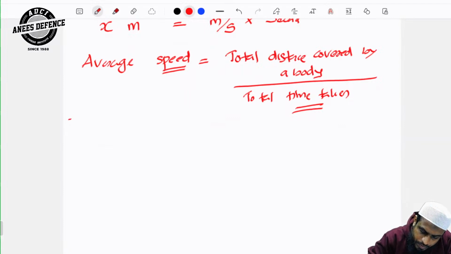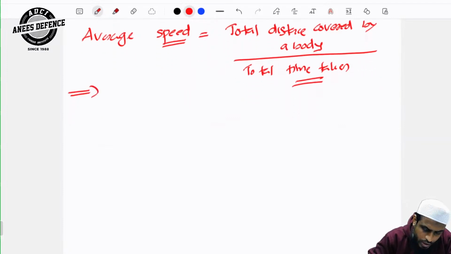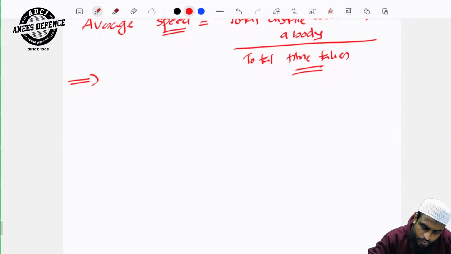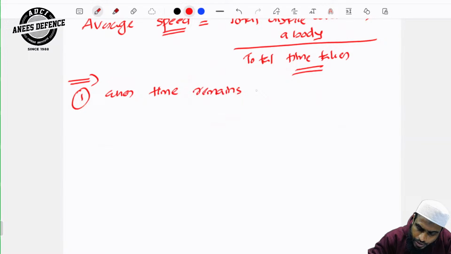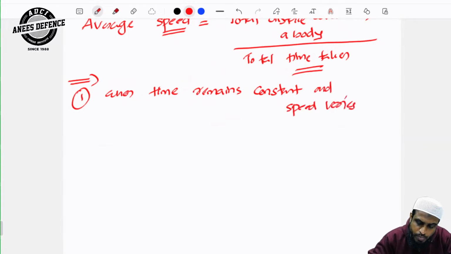We will consider two cases of average speed. The first case is when time remains constant and speed varies.